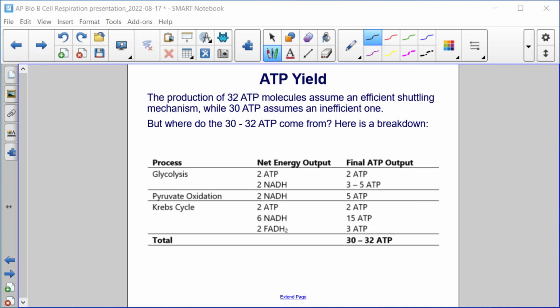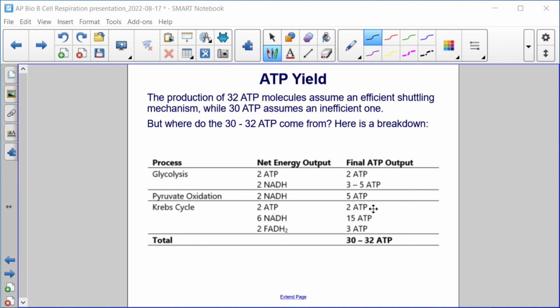Here is a breakdown. In glycolysis, the net energy output is in the form of 2 ATP and 2 NADH, which result in a final ATP output of 2 ATP or 3 to 5 ATP from NADH. Pyruvate oxidation produces 2 NADH, which gives a final ATP output of 5 ATP.